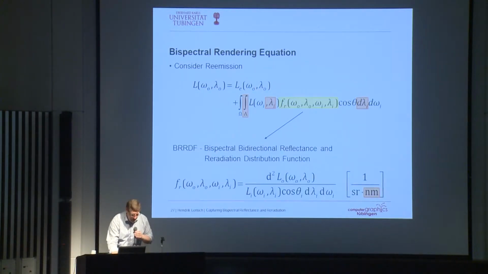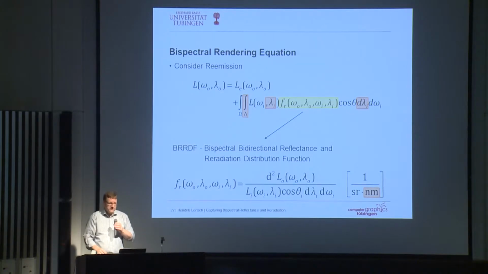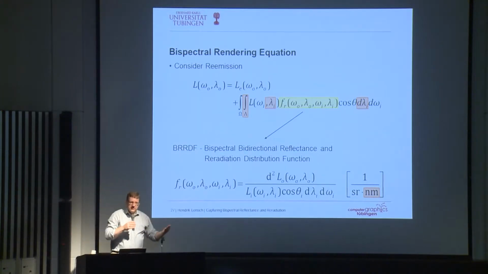Because what we really would like to measure is this bispectral reflectance. That is, we want to know the outgoing spectral radiance, which of course again is the emitted part, plus now the reflected and re-emitted part of a way more complex object, this BRRDF as we named it, which now depends on both the incident and the outgoing wavelengths.